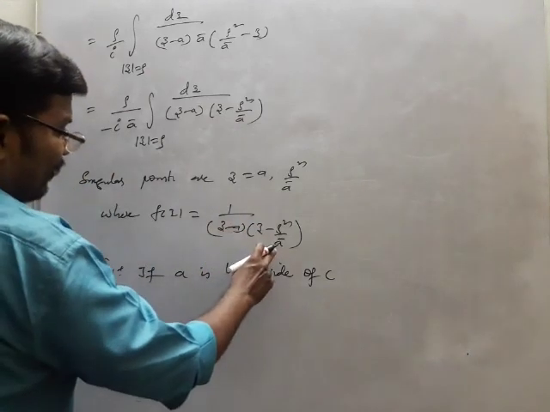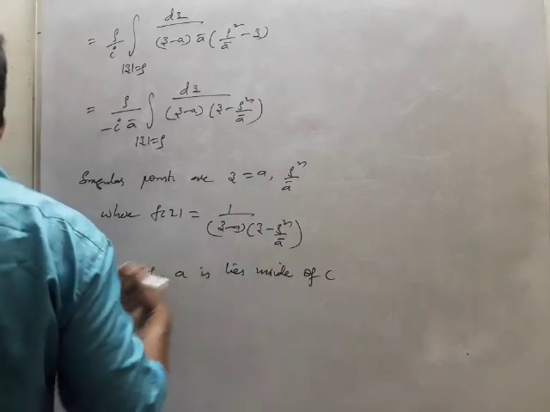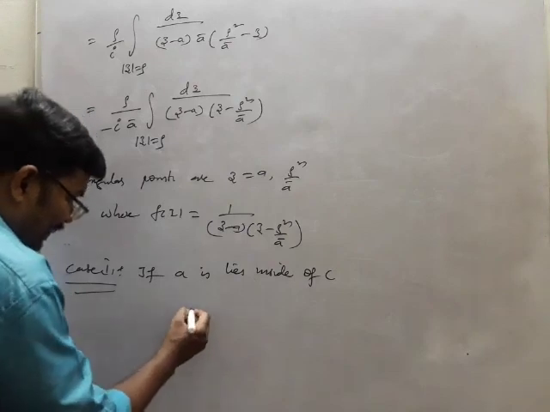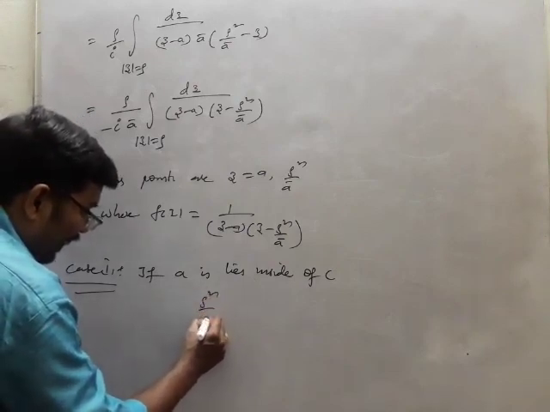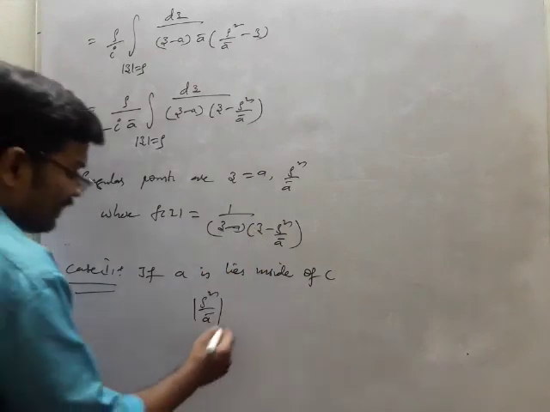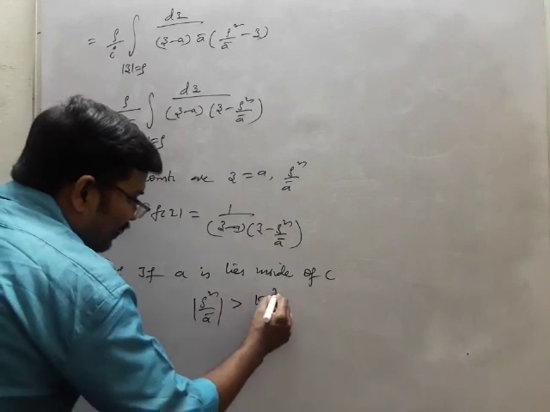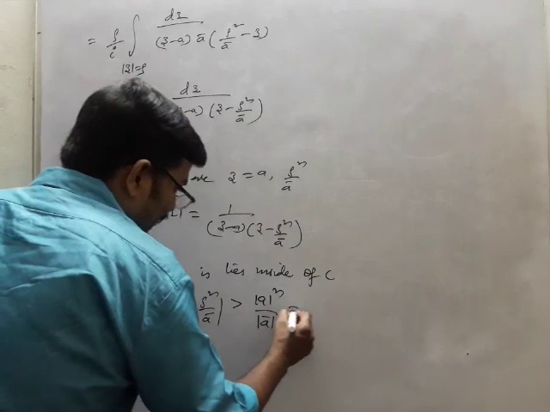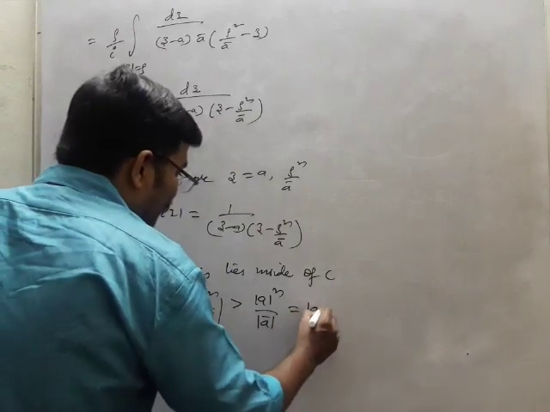So rho square by a bar will be the outside. How are we going to show that? That is, mod of rho square by a bar is greater than mod a square by mod a bar, which again you will get as some mod a.